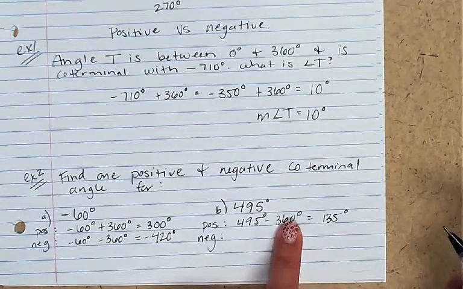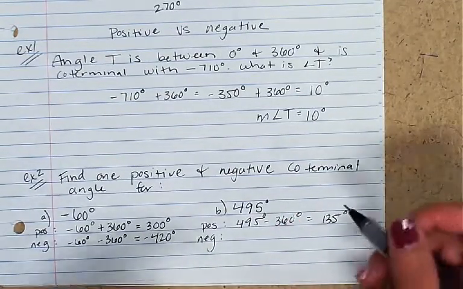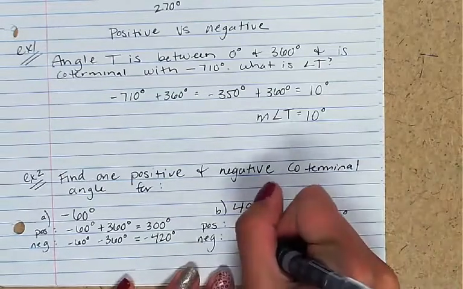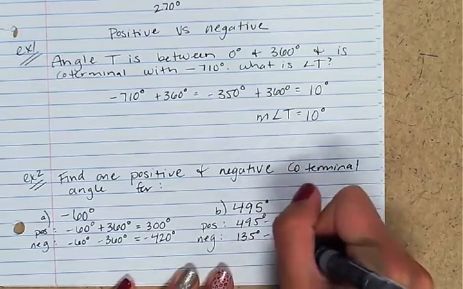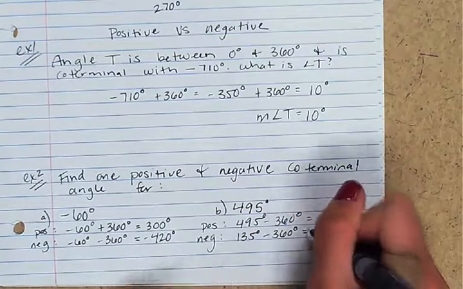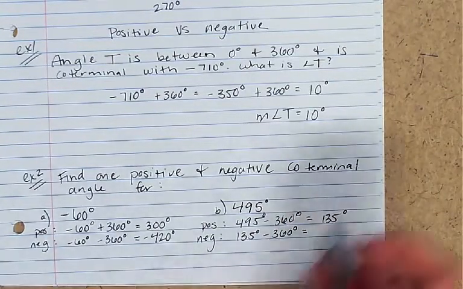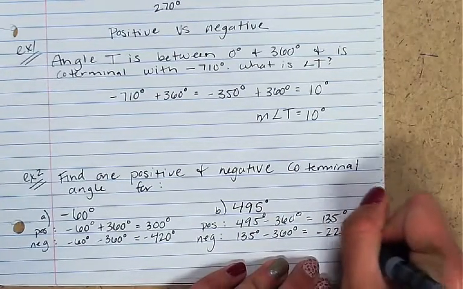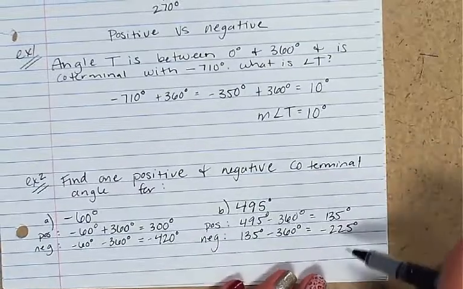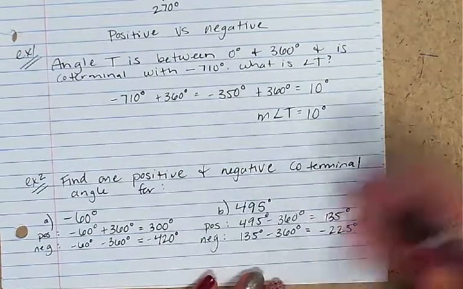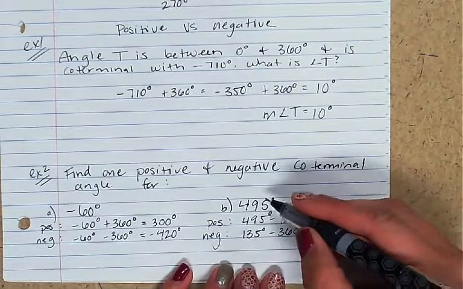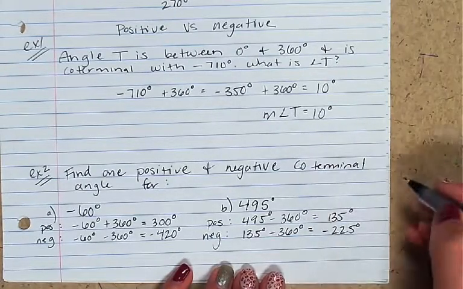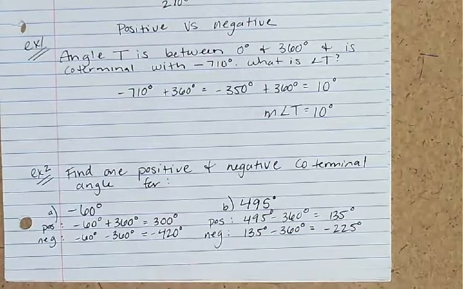I already subtracted off 360, so now I'm going to take my 135 and subtract off another 360 degrees. And that puts me at negative 225 degrees. So I found one positive and one negative. Like I said, there's an infinite number of answers here. You could add 360 again, add 360 again, and use that positive coterminal angle.